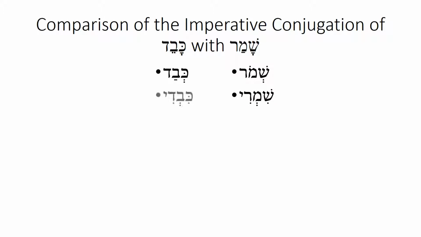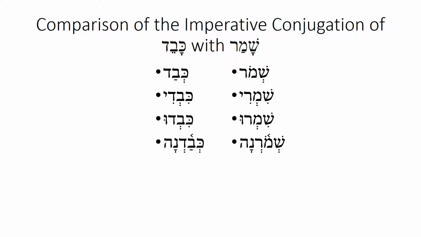We don't see it here in the next two forms, the second person feminine singular imperative and the second person masculine plural. We don't see that conversion, but we do see it in the second person feminine plural.